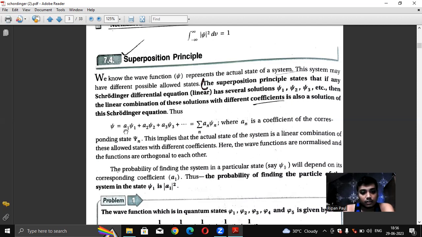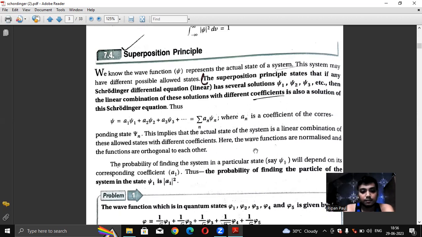A1 is basically related to the probability of finding the particle in the state. Where you do the problem, you will be given a state in the normalization form. A n is the coefficient of the corresponding state psi n, as already written there.